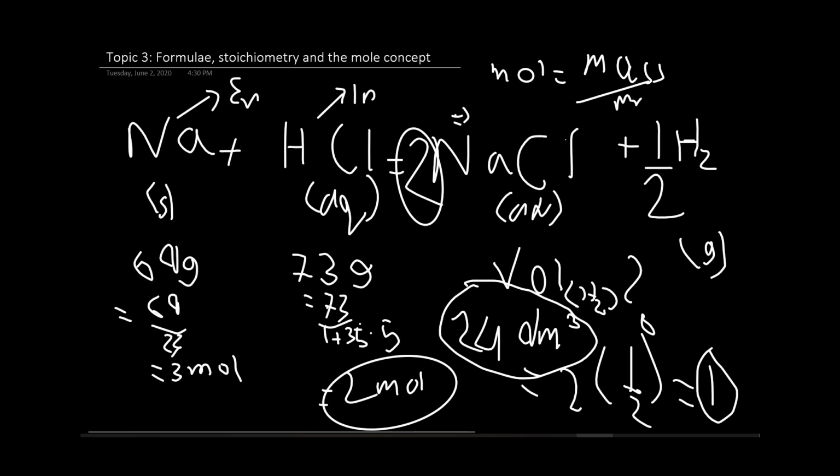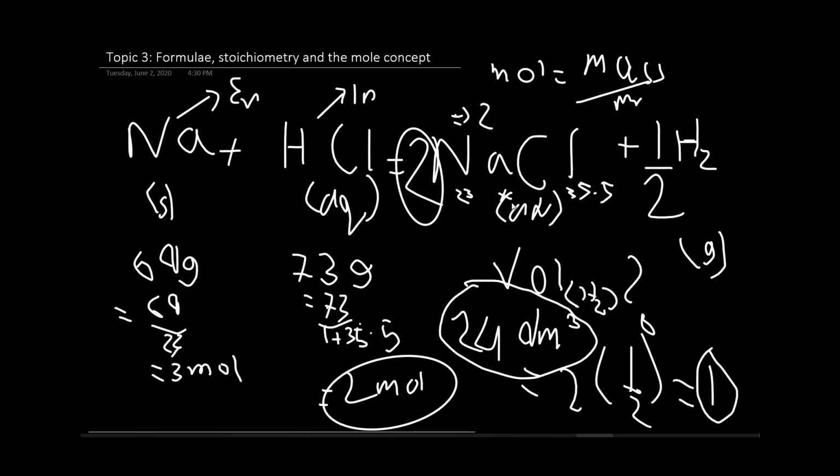The number of moles you have is 2 here, and the MR of sodium chloride can be found easily by adding both ARs up: sodium has an AR of 23 and chlorine has an AR of 35.5.